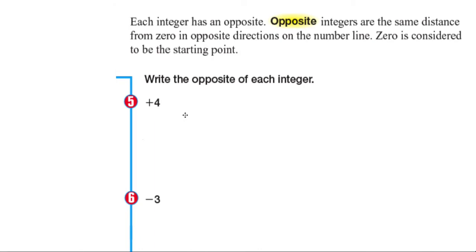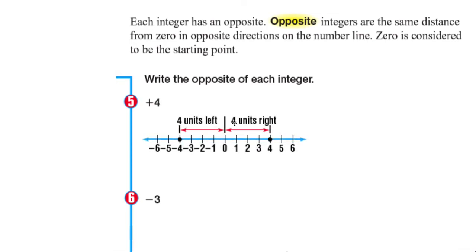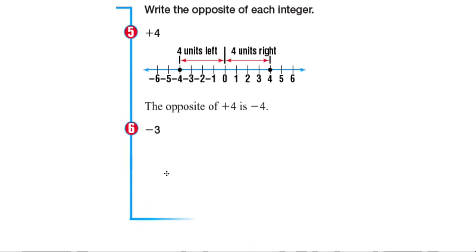If we look at our number line, 0 is the starting point. Positive 4 is 4 units to the right of 0. So the opposite of positive 4 will be 4 units to the left, which is negative 4. So the opposite of positive 4 is negative 4.